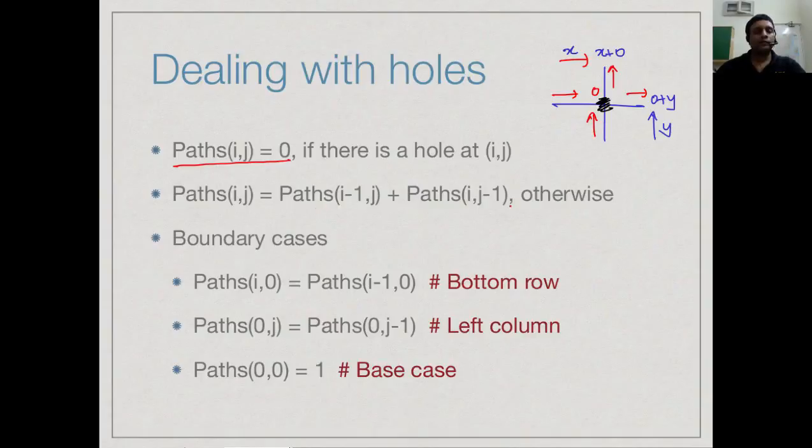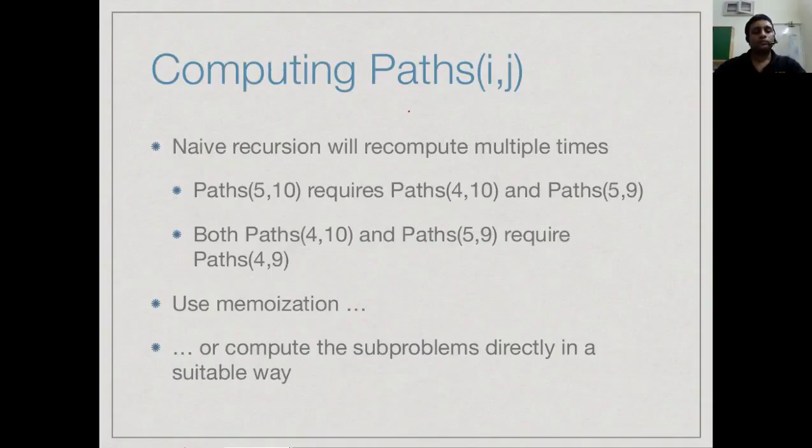The remaining inductive definition is exactly as before, right? So if it's not a hole, it depends on its two neighbors. And then we have the bottom row, left column and the origin as base cases. So the difficulty with this calculation is the same as it was with Fibonacci, which is that if I have a particular calculation, so for example, supposing we start our recursive calculation at 5,10, then this will ask for 4,10 and 5,9.